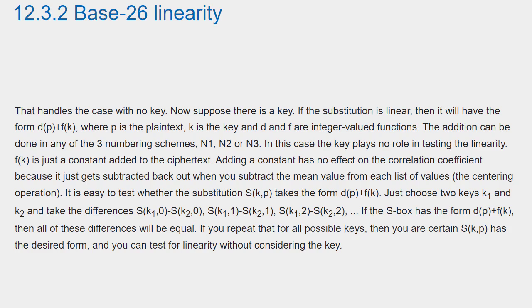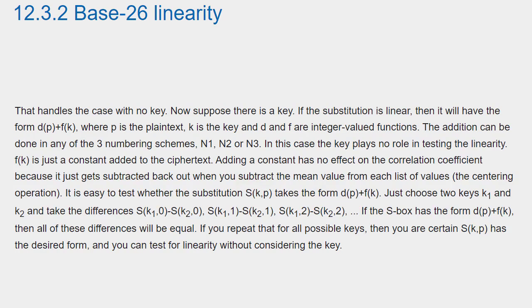It is easy to test whether the substitution S of k and p takes the form of D of p plus F of k. Just choose two keys k1 and k2 and take the differences S of k1 0 minus S of k2 0, S of k1 1 minus S of k2 1, S of k1 2 minus S of k2 2.